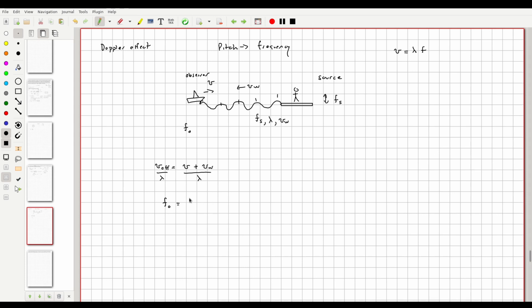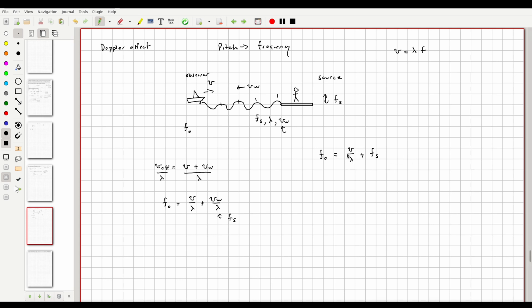On the right-hand side, I have v over lambda plus v of the wave over lambda. Now, this is the actual velocity of the wave in a medium if you were stationary relative to it. So this right here would be the frequency of the source. So my observed frequency is my speed over the wavelength plus whatever the source's frequency is.